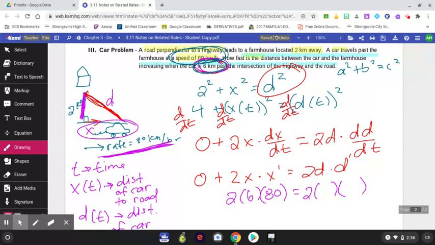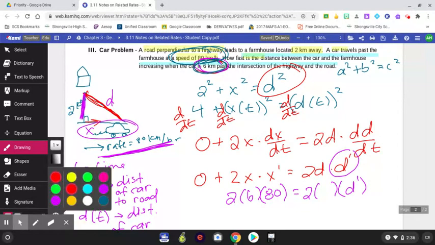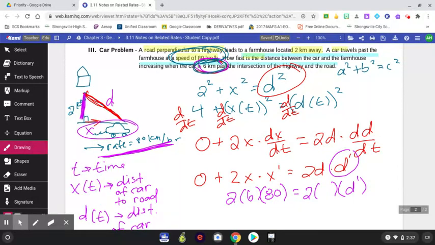My job is to figure out what d prime is, the rate at which the distance is changing. I don't know what d prime is. That's my goal, to figure that out. But as of right now, it feels like I also don't know what d is. However, I do have this handy Pythagorean theorem that I could use to figure that out. Off to the side, 2 squared plus x squared, and at this particular moment, x is 6.